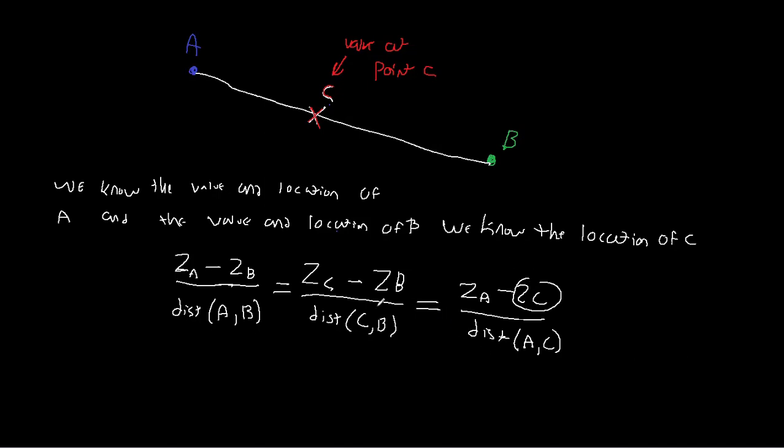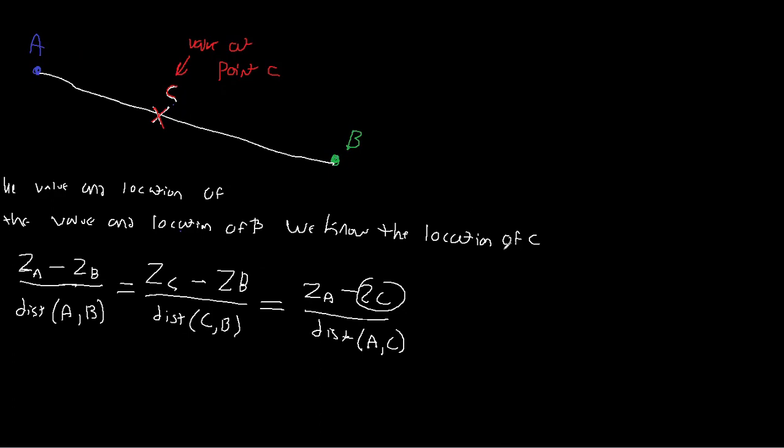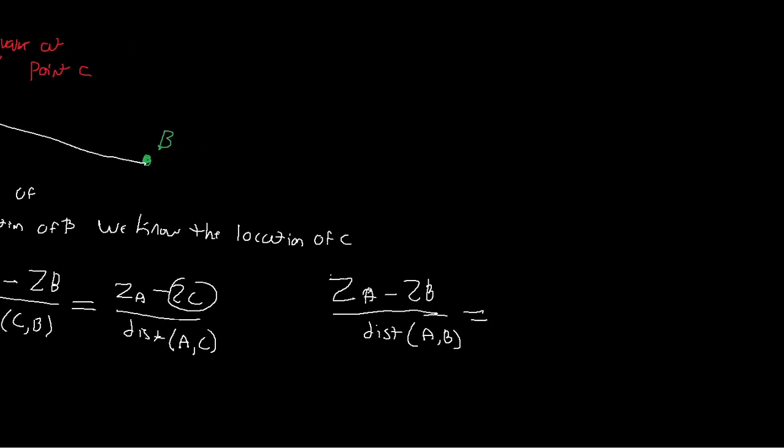So what we can do here, if we give ourselves a little more room, is take this first equation: ZA minus ZB, which we know, divided by the distance between A and B, which we know, equals, let's take this equation over here, ZA, which we know, and we'll keep ZC, which is what we don't know.